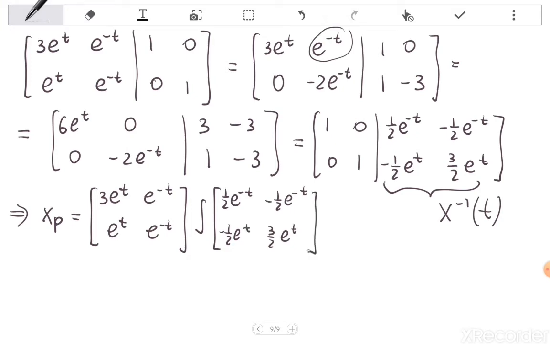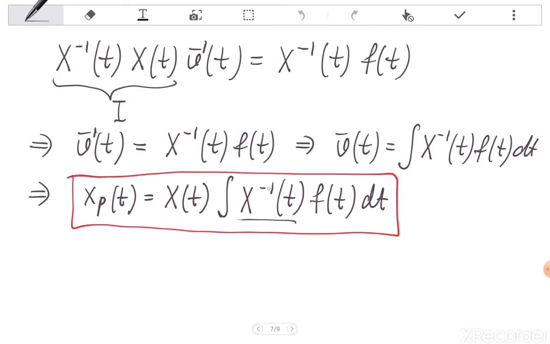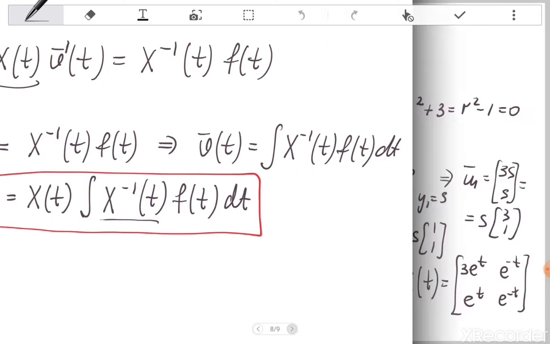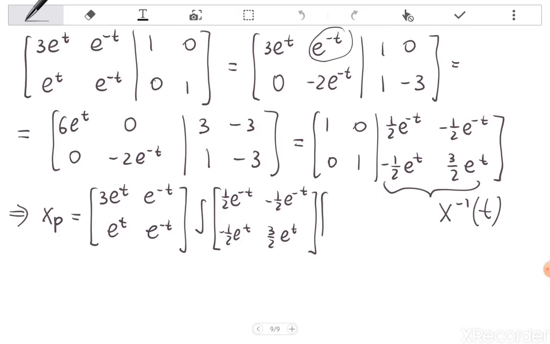And this matrix is applied to the vector f. Let's have a look now what we should do. We should multiply this matrix by this vector function f. So this one here that we have, this is e to the 2t, 1, times e to the 2t, 1, dt.